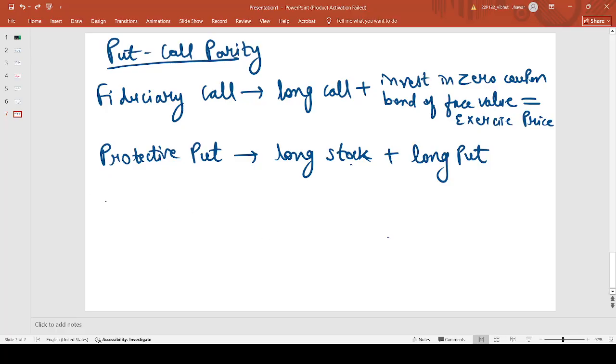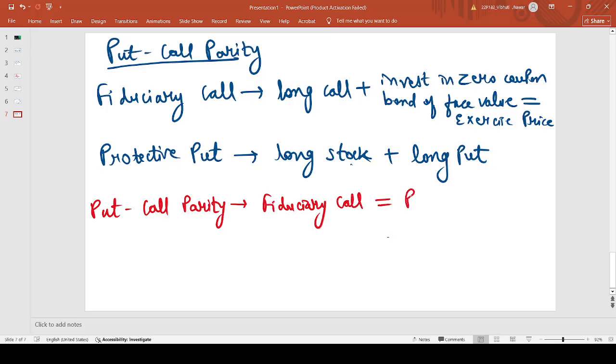The put call parity states that the value of the fiduciary call is equal to the value of the protective put. For the fiduciary call, we were doing long call, so it was C0, plus we were investing in a zero coupon bond.